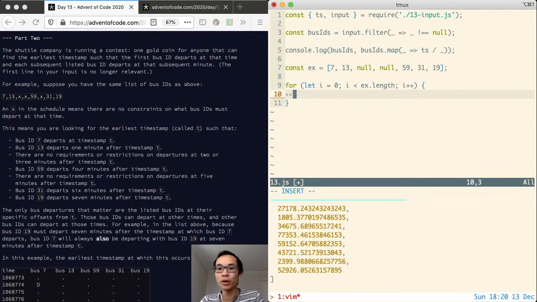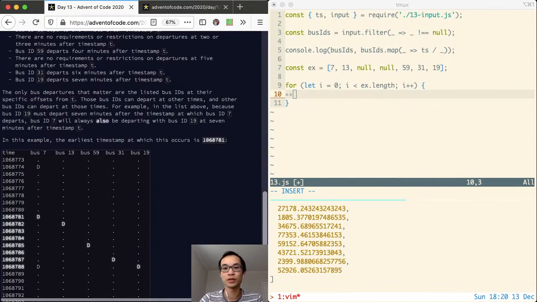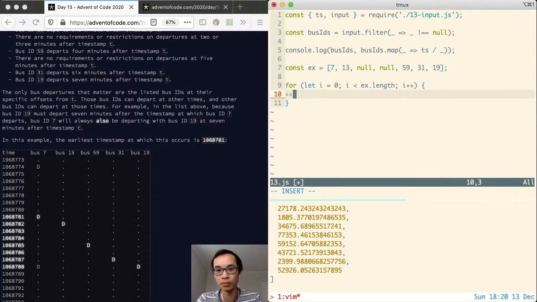All we want is we want mod the first number to be 0. So let's put together targets.